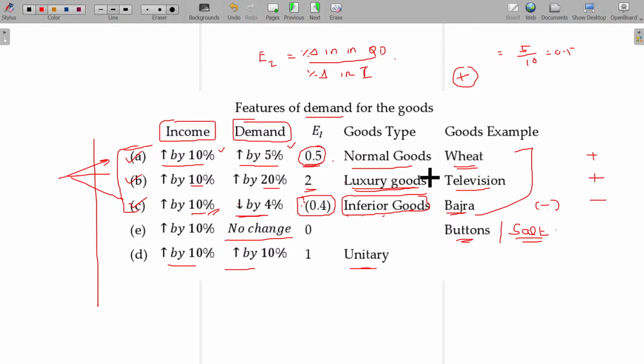In the case of normal, elasticity of income is normal only. In the case of luxury, high elasticity will be there. And to have some more variance, there may be no change at all in some sorts of goods like buttons and salt. And to understand what is called unitary income elasticity, I have given the last aspect here. This is the last aspect. Is that okay? Clear? Both are the same. Come on, make a note of it.